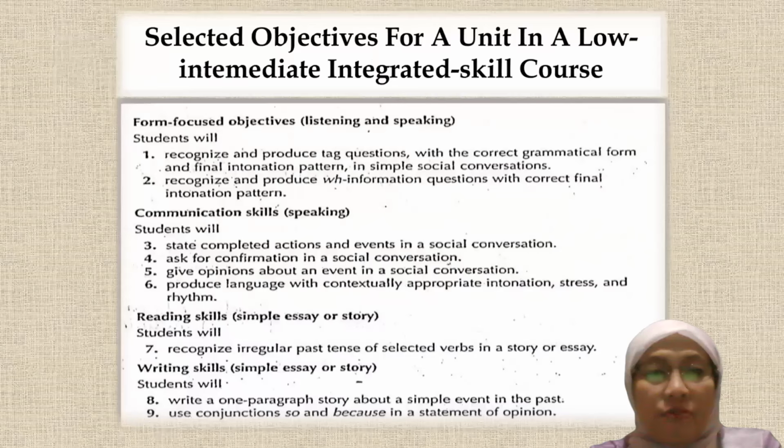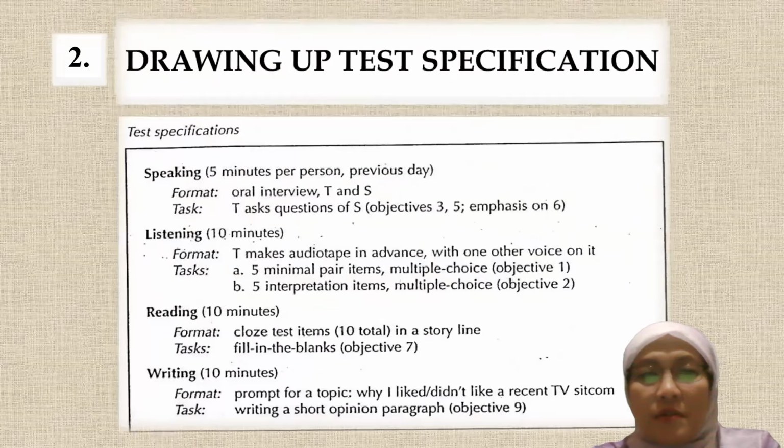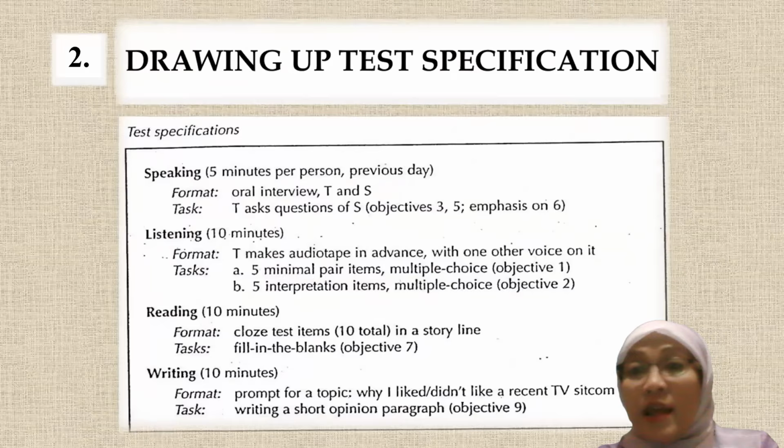The objective is state completed action and event in a social conversation. Okay, the time will be 5 minutes per person, and then the student will have oral interview. The teacher will interview students. The teacher will ask questions to students about the past events they have had.